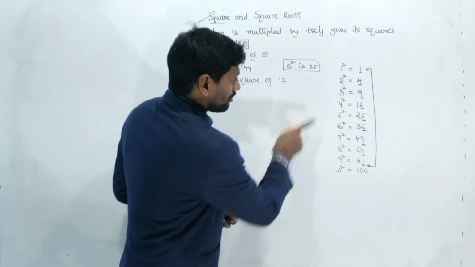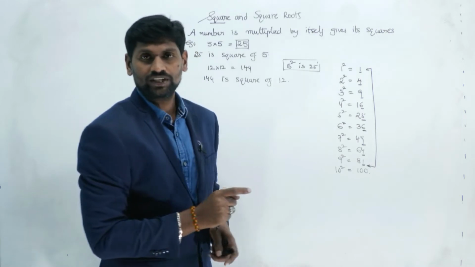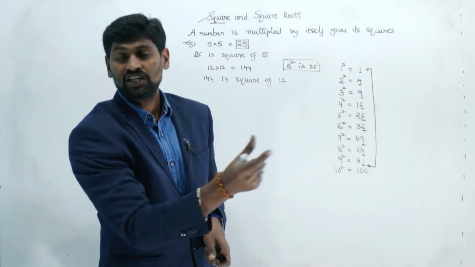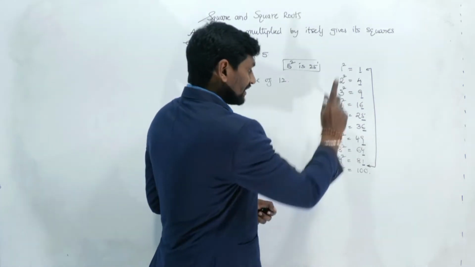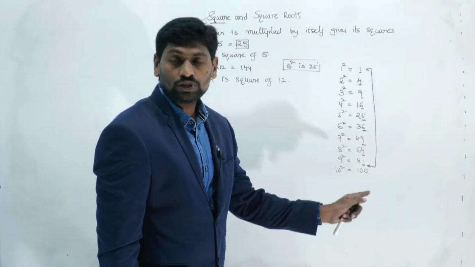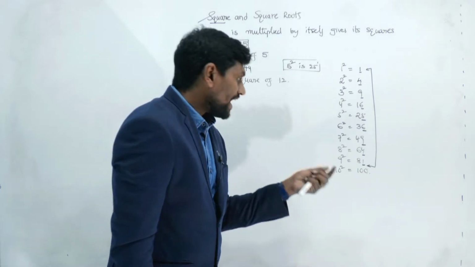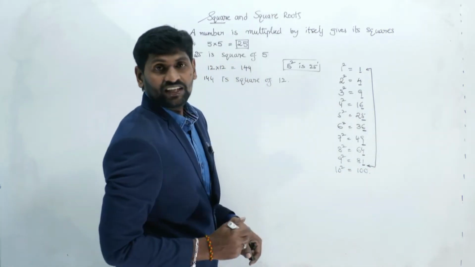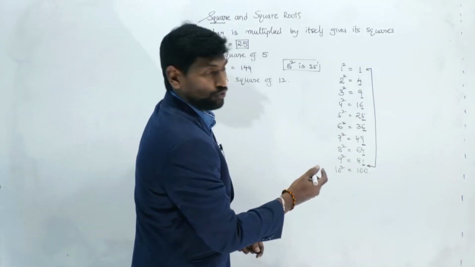In the same way, 11 square, 21 square, 31 square all will end with the digit 1. In the same way, 19 square, 29 square, 39 square all will end with the digit 1.